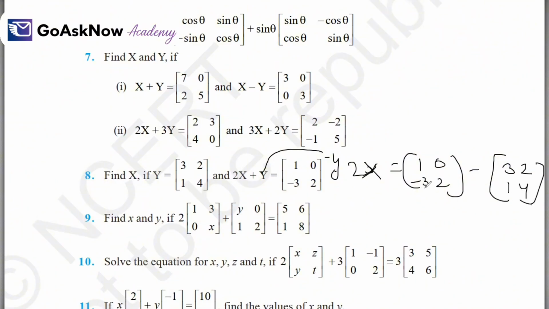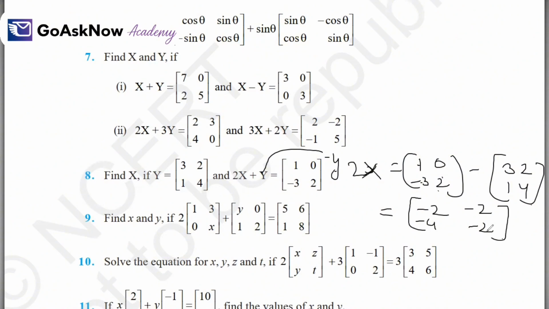Now after taking the difference, you will divide the whole by 2, and you will get the value of x. So this is also a very simple exercise question. 1 minus 3 is minus 2. 0 minus 2 is minus 2. Minus 3 minus 1 is minus 4. And 2 minus 4 is minus 2 only.